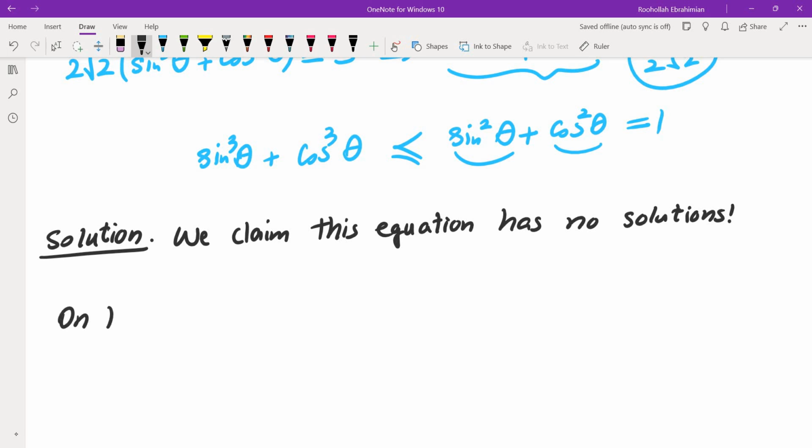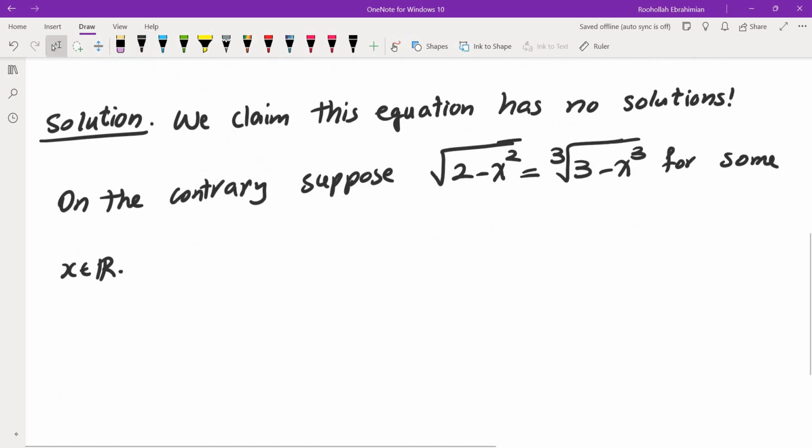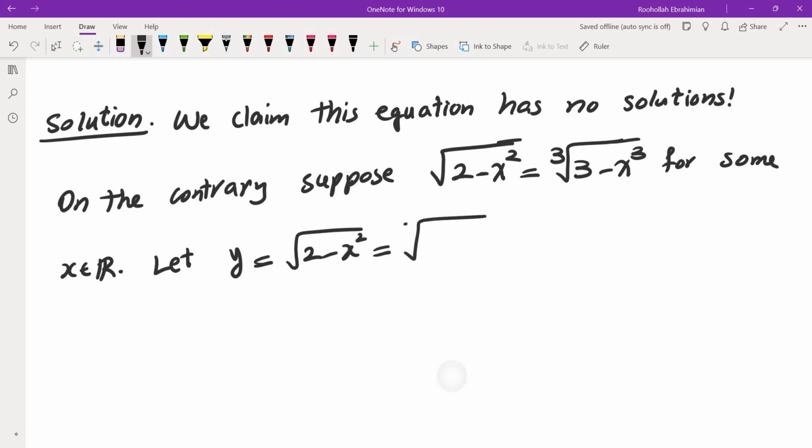So on the contrary, suppose square root of 2 minus x squared is equal to cube root of 3 minus x cubed for some x. Now set both of them equal to y. Let y be square root of 2 minus x squared, which is also cube root of 3 minus x cubed.